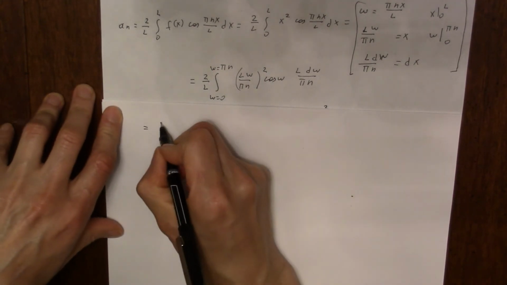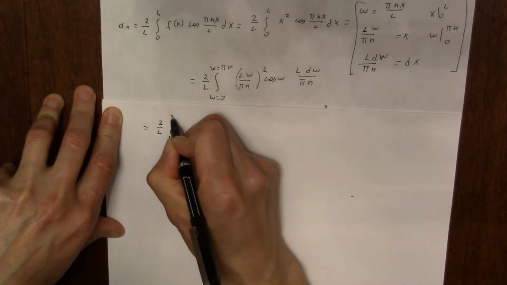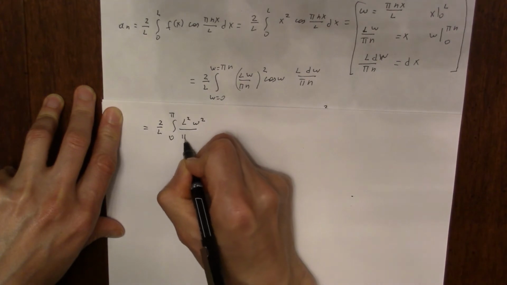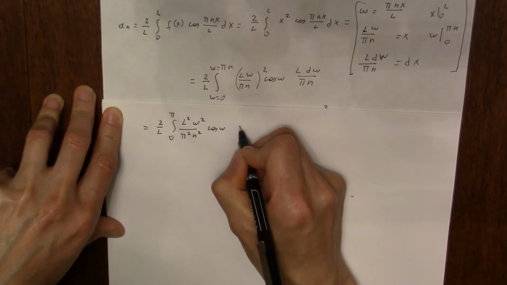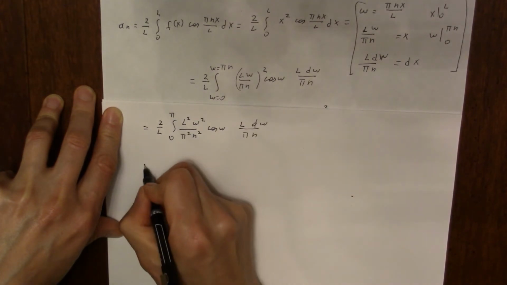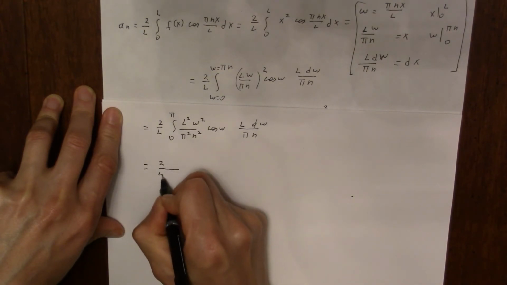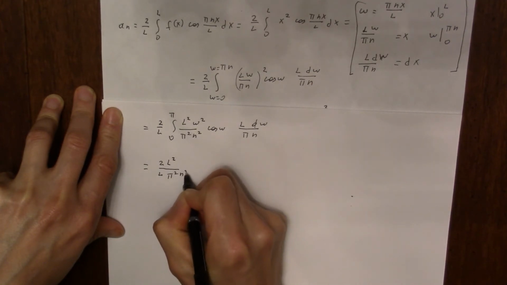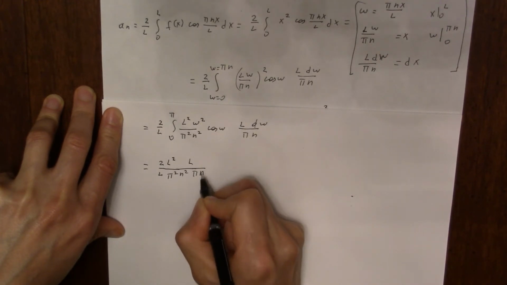That expression equals, I'm going to take all the constants outside, 2 over L, squared L squared over pi squared n squared, times L over pi n.